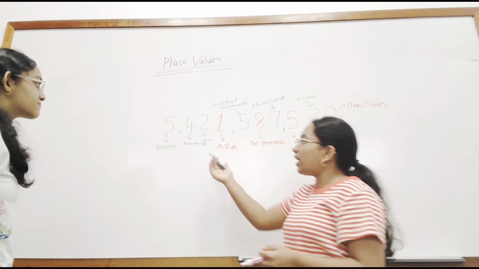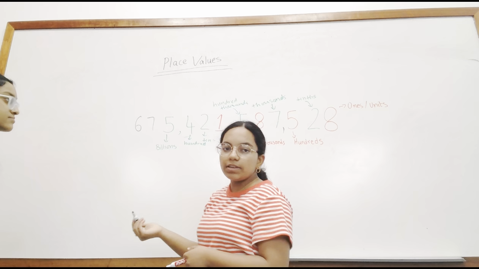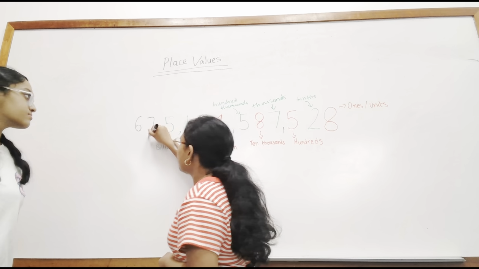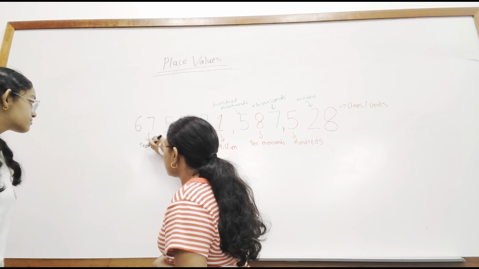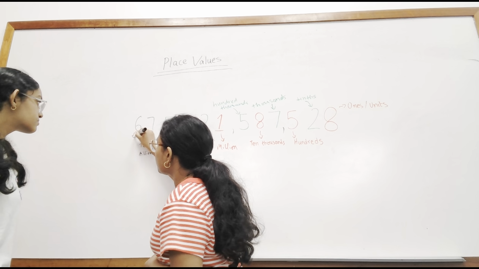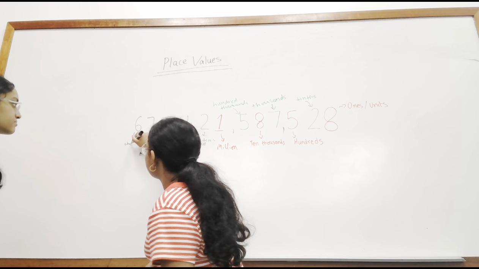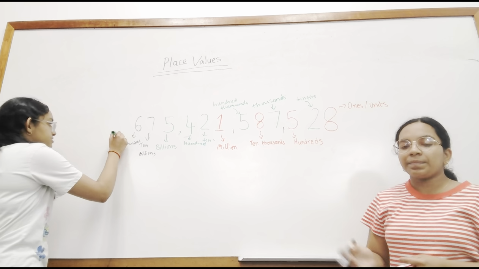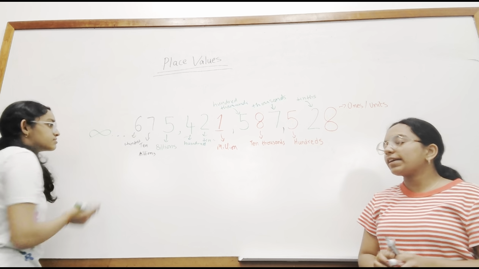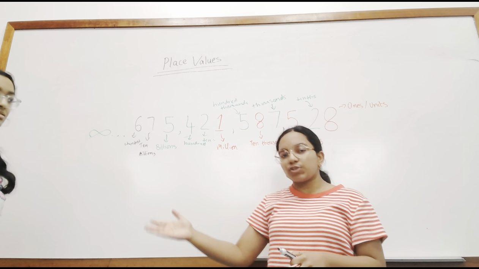And then let's add more numbers to it, for example, 6 and 7. This would be the 10 billion place, and then this would be the 100 billion place. And so on, right? It goes on until infinity. And for extra information, after billion, it's a trillion, a quadrillion, and so on.